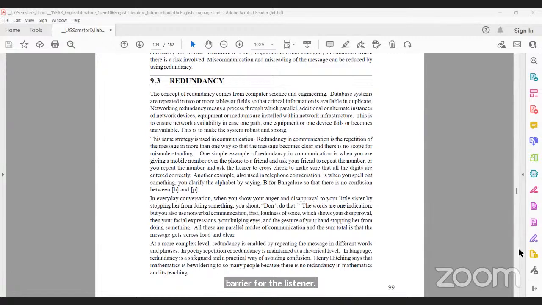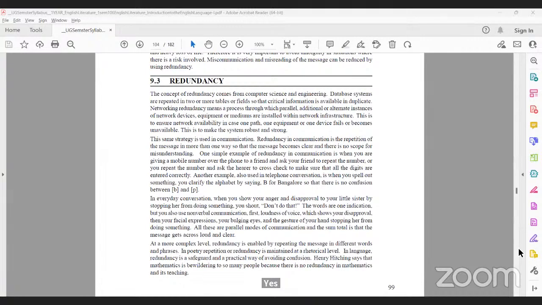Right. So this is very important in communication that takes place between two persons who are not culturally common to each other.